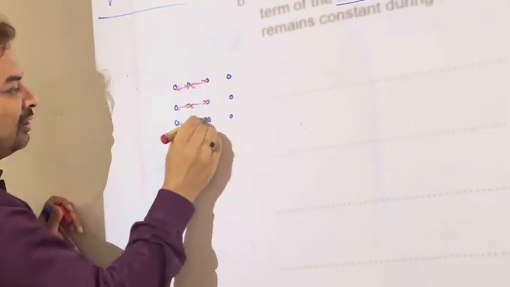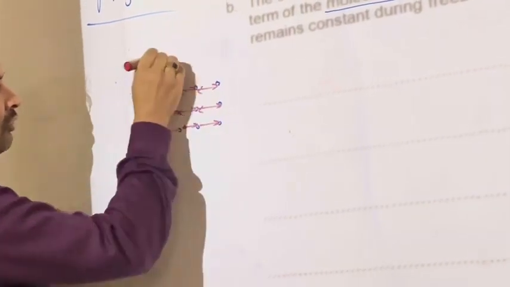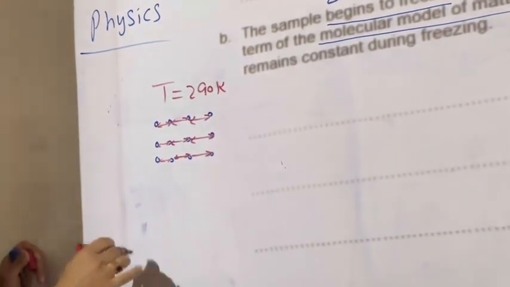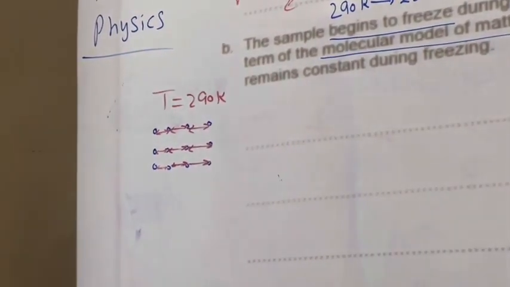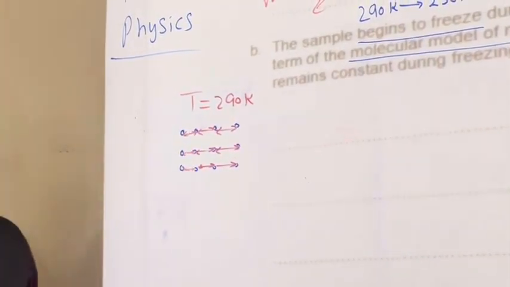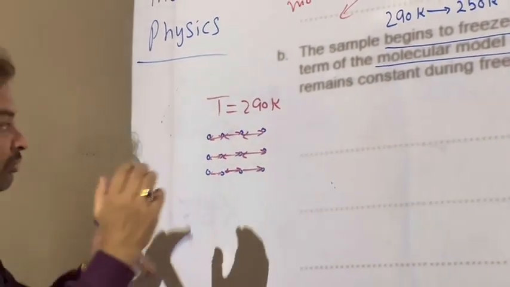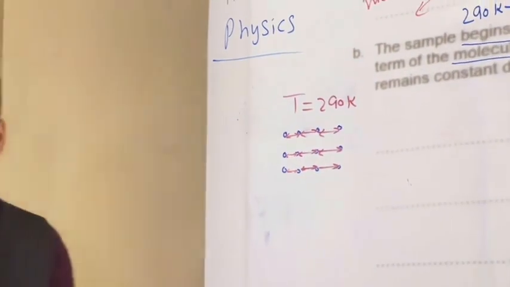When the oil was at 290 Kelvin, as the temperature reduces, what will happen? They will try to freeze. The molecules will try to go closer and closer to each other, because when liquid turns into solid, the density increases. All the molecules need to go closer to each other to freeze.